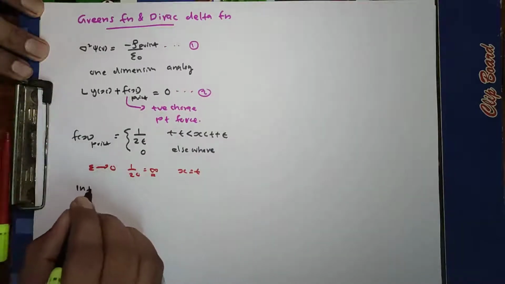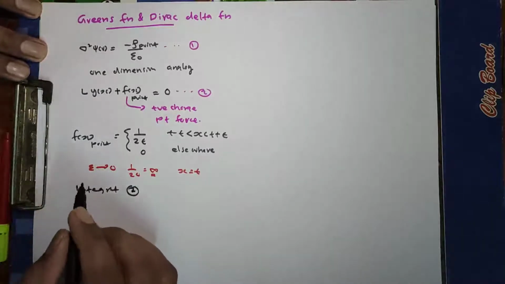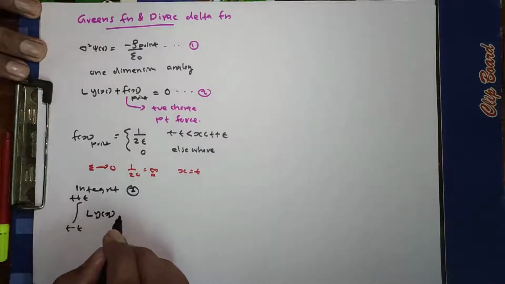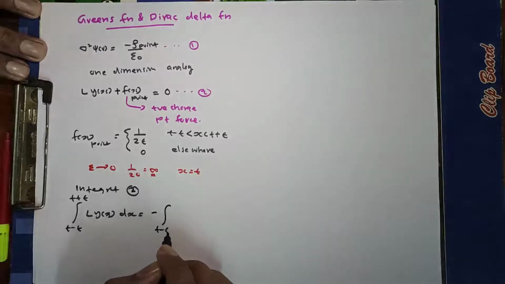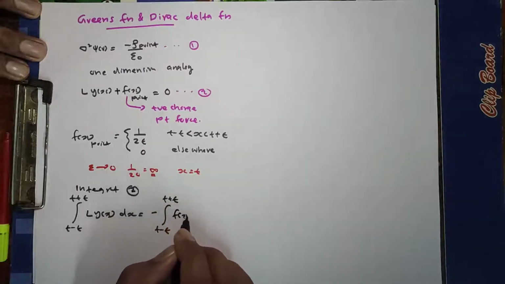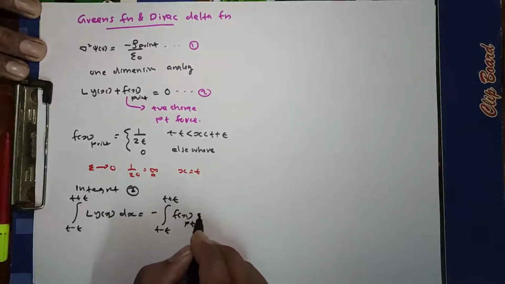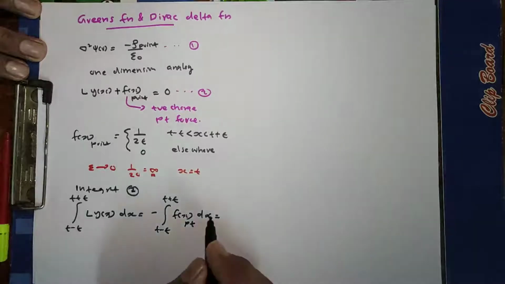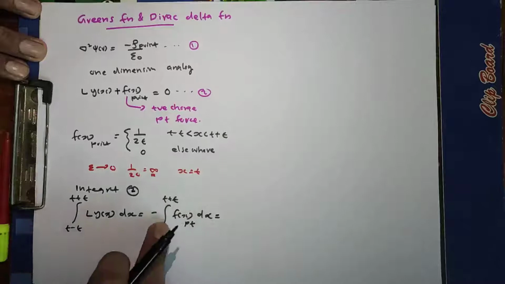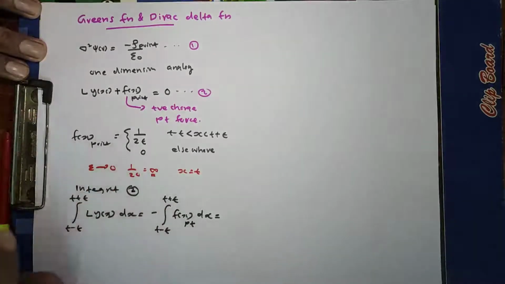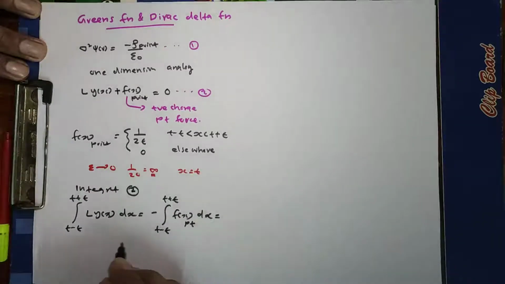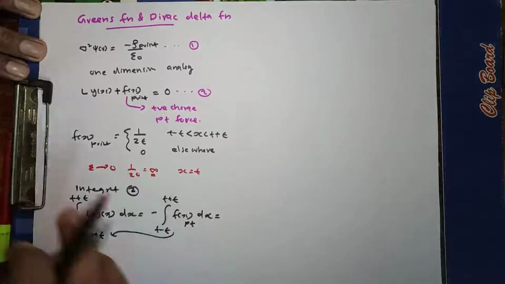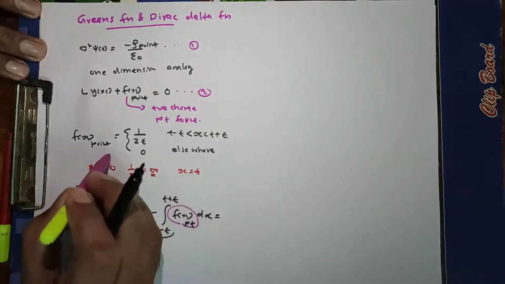Integrating equation 2, I have the integral from t minus epsilon to t plus epsilon of L operating on y of x dx is equal to minus the integral from t minus epsilon to t plus epsilon of f of x point dx. Now I substitute f of x point is equal to 1 by 2 epsilon.